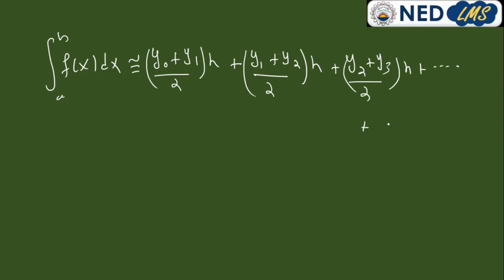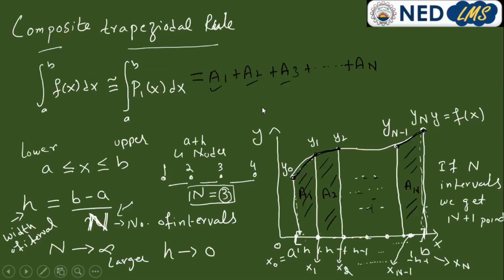The last interval is yn minus 1 plus yn divided by 2, multiplied by h. The idea is that whenever one interval ends, the next interval starts from the same side. This height is common, so it is part of both intervals.